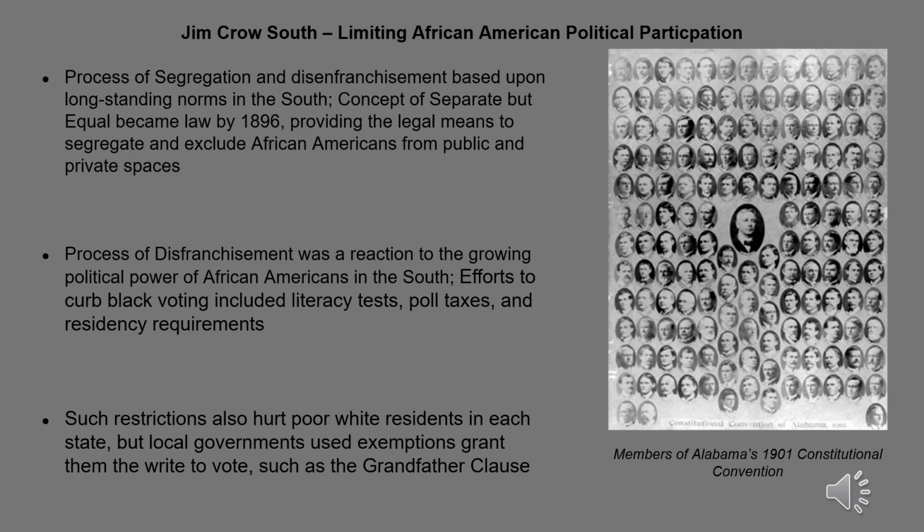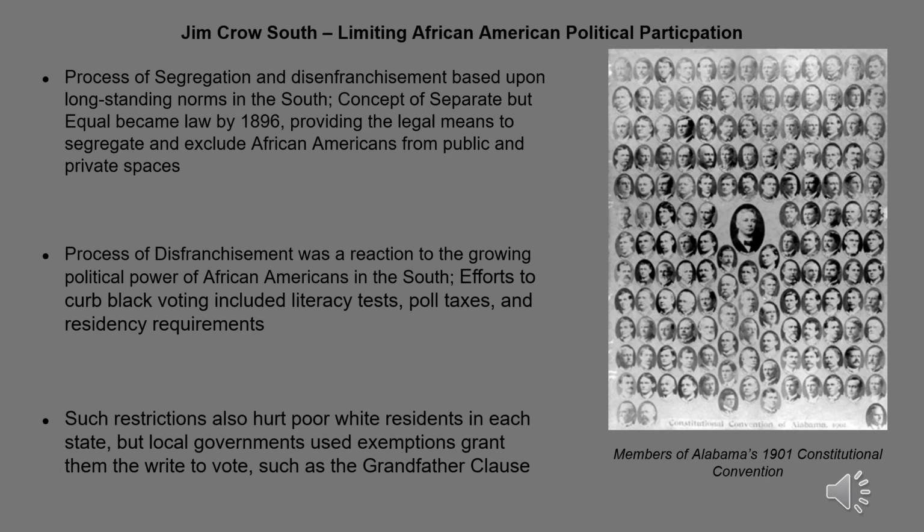The first state to enact these kinds of plans designed to limit the ability of African Americans to vote or register to vote was the state of Mississippi. And it becomes known as the Mississippi Plan. Other states will see what Mississippi did, and they'll try to copy it into their own state constitutions. And finally, by the early 1900s, by 1901, 1902, we have an entire southern area of the country where all the states have basically the same constitution in place that have the same limitations on political freedom for African Americans.